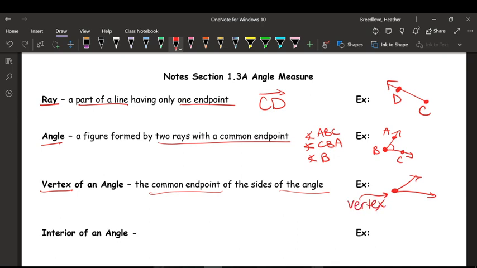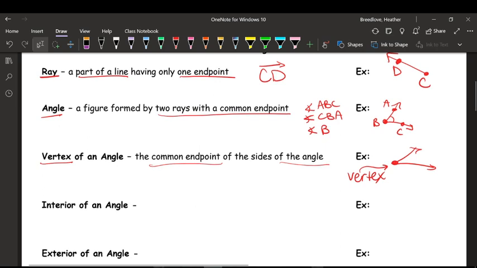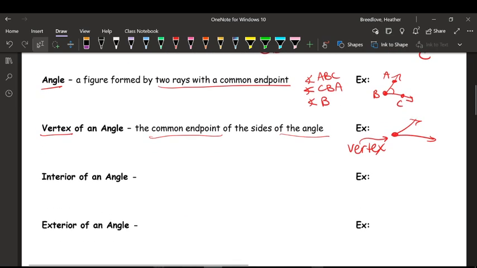All right, these next two vocabulary terms should be pretty obvious. I think you know what they are. Interior of the angle. Inside, the space inside the angle.